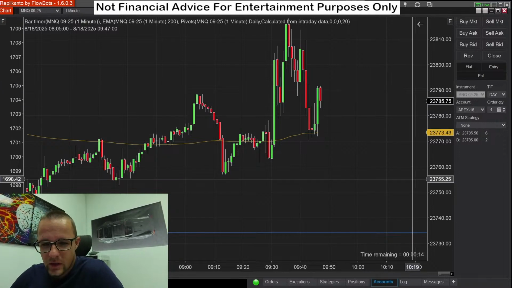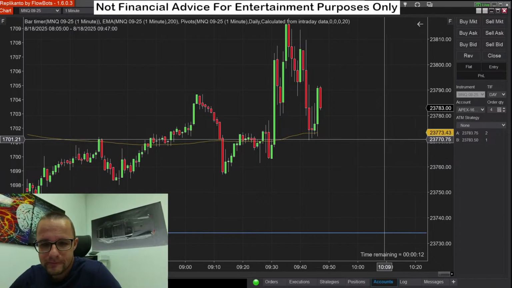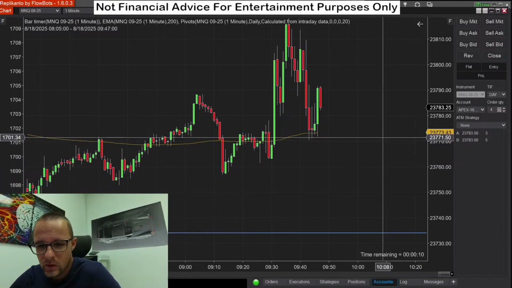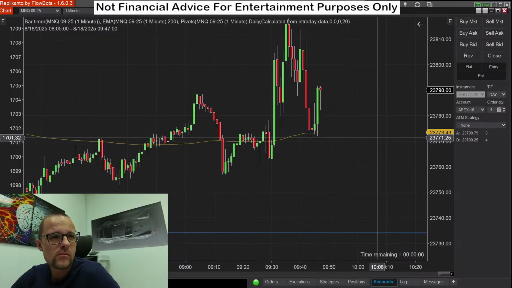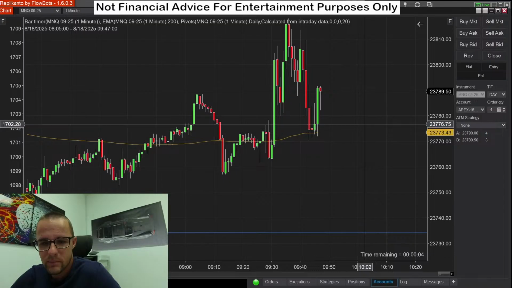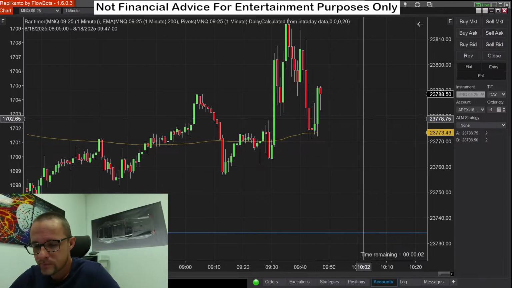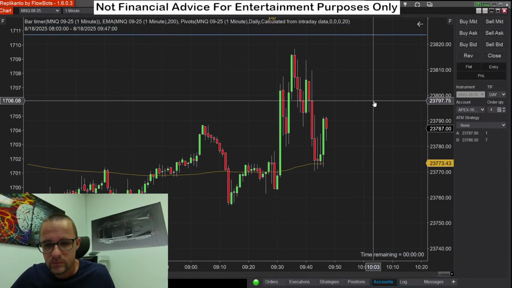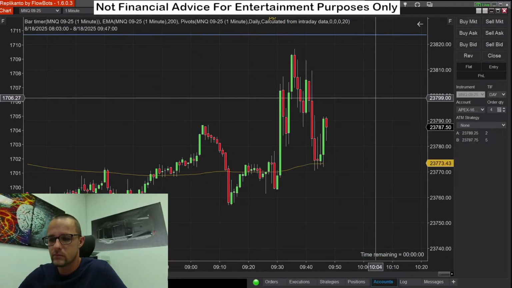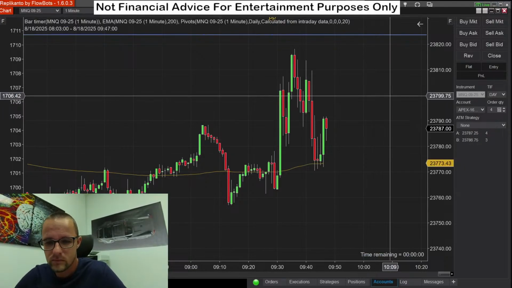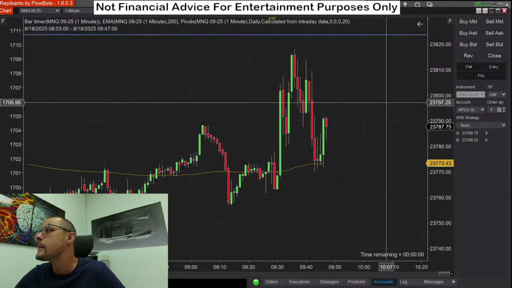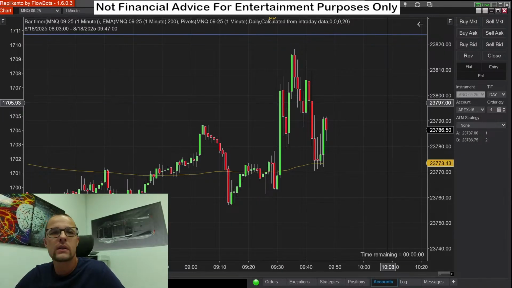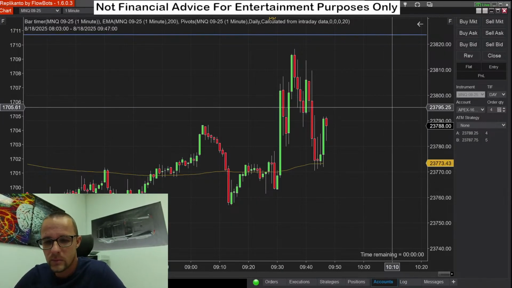Gotta reject it here to go lower, or else they push it back to those highs. There's a pivot up there still too. $9.46. All right, we got a little bit of time.